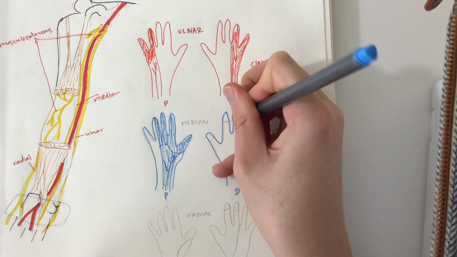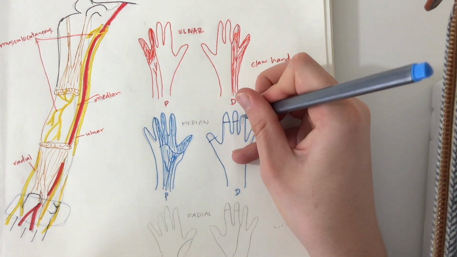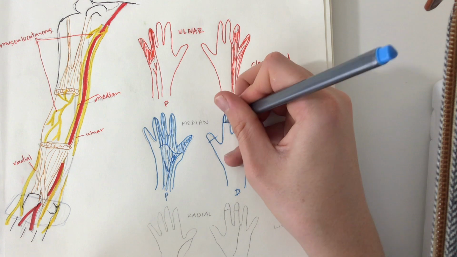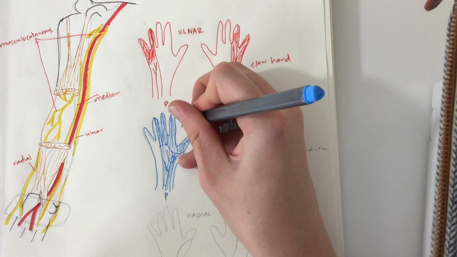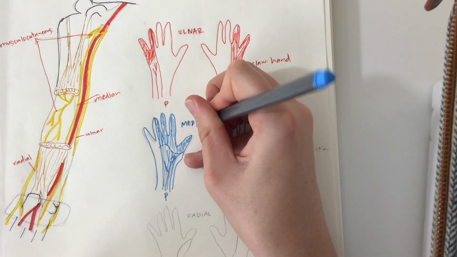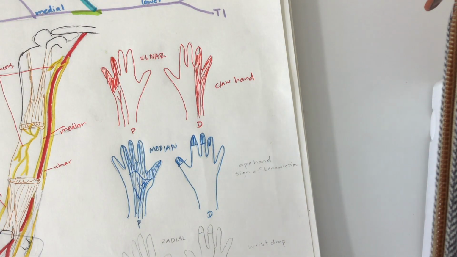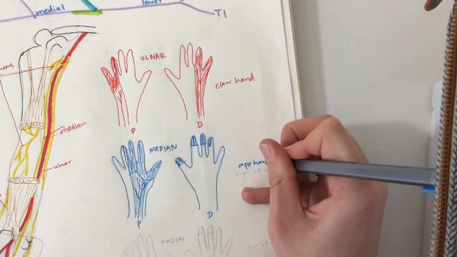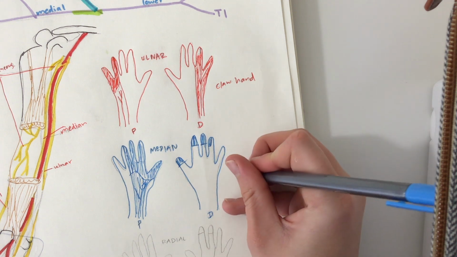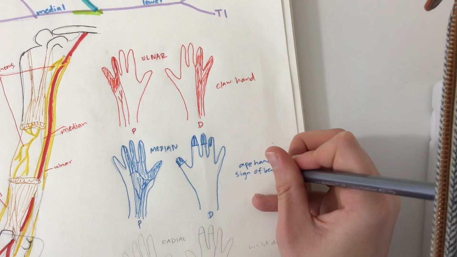And so when you have a lesion to the median nerve, you can either get an ape hand or a sign of benediction, and the reason is the muscles that the median nerve supplies, which are pronator teres, pronator quadratus, flexor carpi radialis, palmaris longus, flexor digitorum profundus, flexor digitorum superficialis, abductor pollicis brevis, flexor pollicis longus, flexor pollicis brevis, and opponens pollicis.